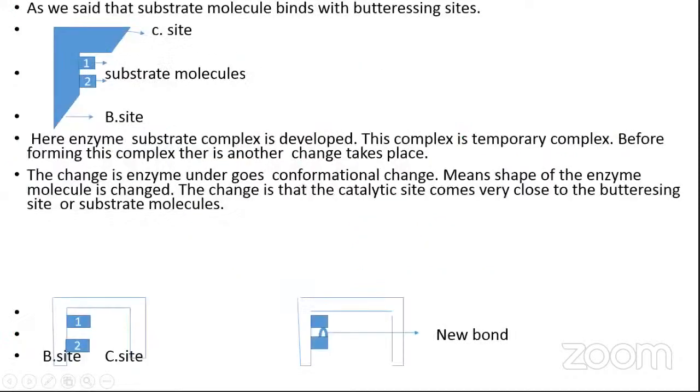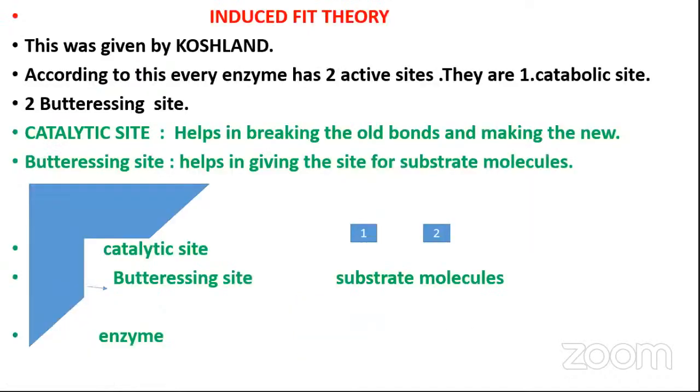Next, how the reaction takes place, and what are the functions of this catalytic site and the buttressing site. The catalytic site helps in breaking the old bonds and making the new bonds.